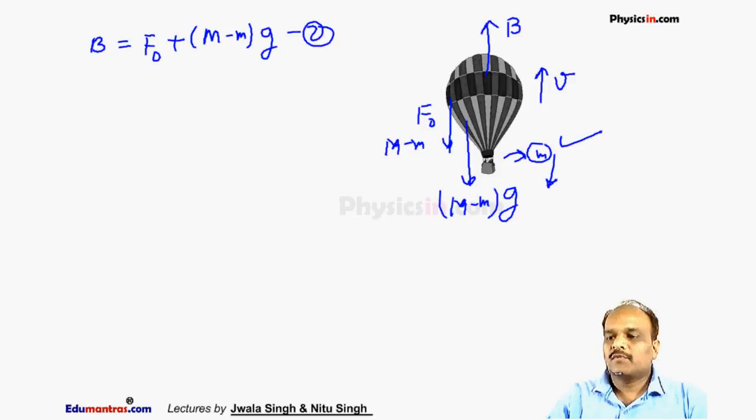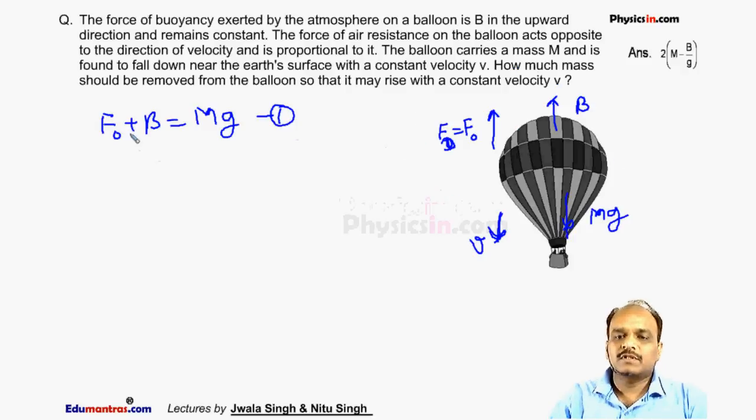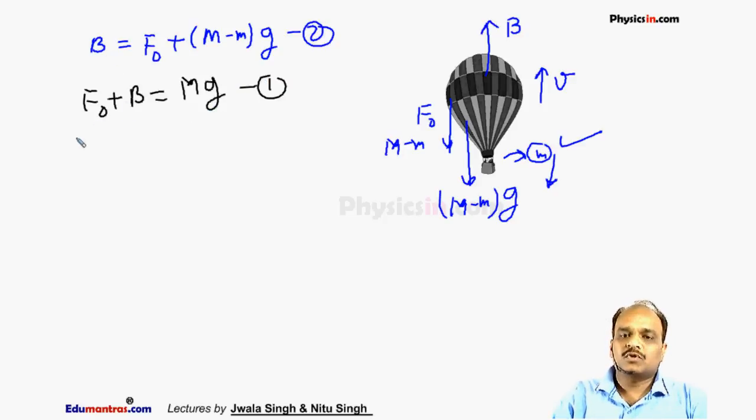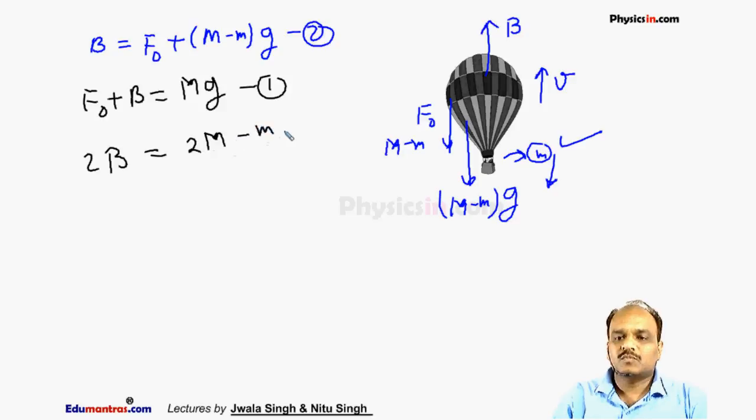Now from our first equation, we know F naught plus B is equal to capital M into g. This was our first equation. If we add these two equations, we get 2 times buoyant force is equal to 2 times capital M minus small m into g.